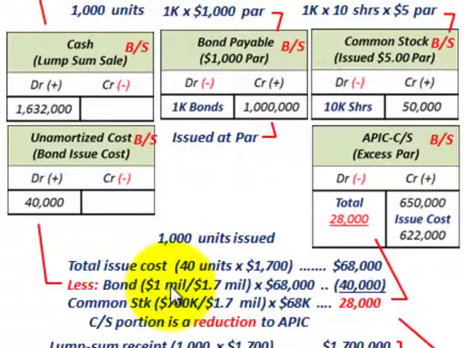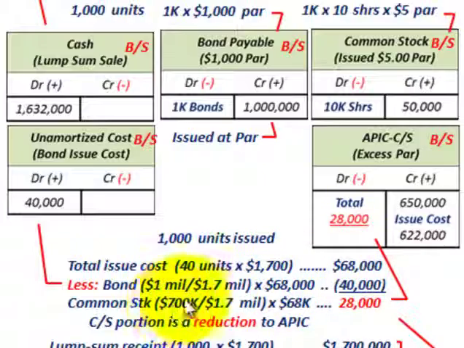What's important to pull out of this is how you allocated your issue costs. You just take your fractional amount. For the bond, you know the price, so you can do your allocation. The total sales of the bonds would have been $1 million over the total sales for those units of $1.7 million. That gives you a fractional amount to determine your issue costs.